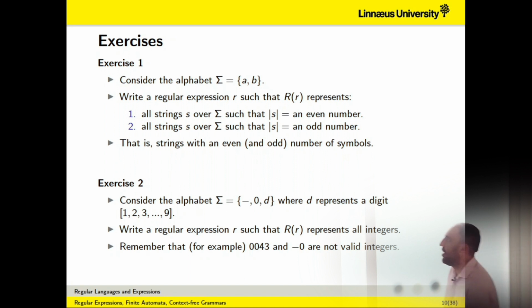For example, it can have AA, AB. Is 0 an even number or not? I think it's even, 0 is treated as even. Okay, so it means the empty string is also okay.